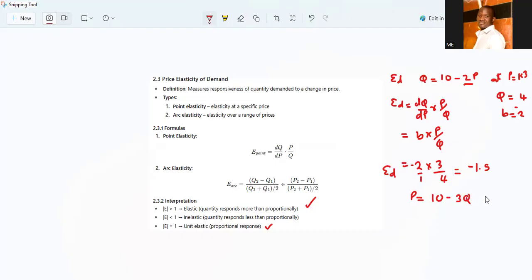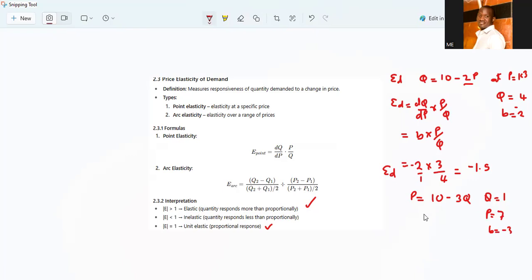So here, suppose that we are given our Q as 1. Meaning when you put the Q as 1 there, it will be 10 minus 3, which is the P, 7. Our B is simply the gradient there. Our gradient there is what? Negative 3.